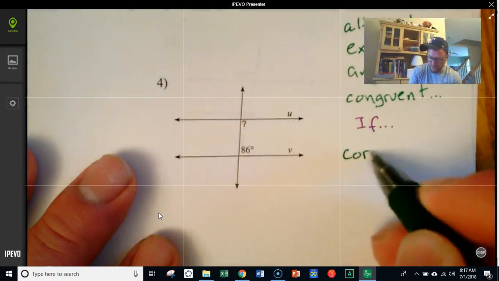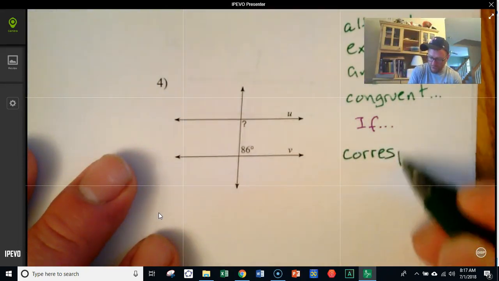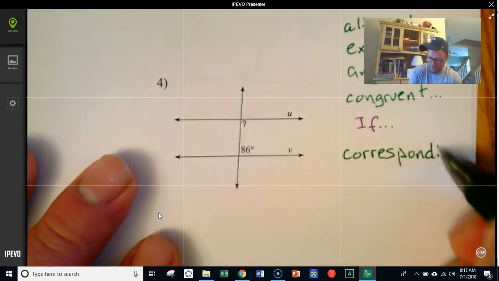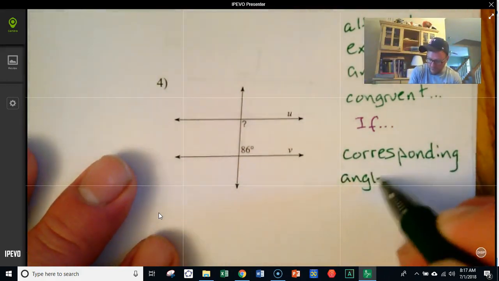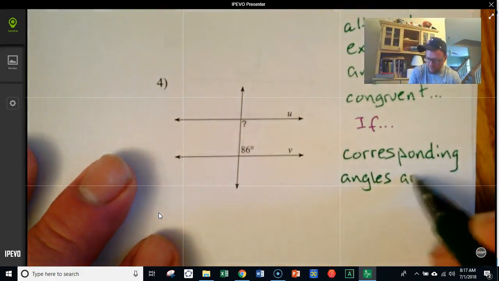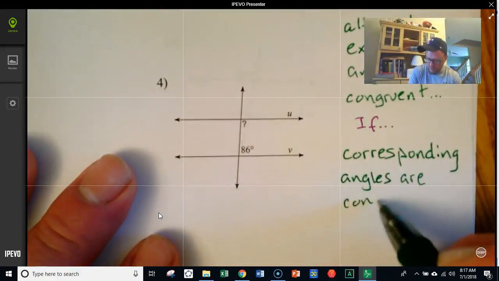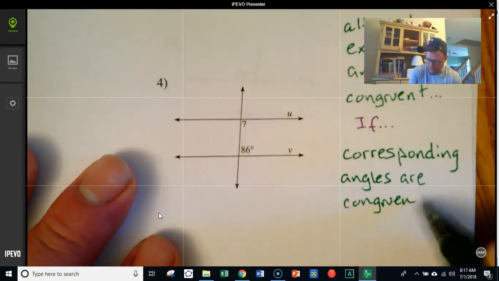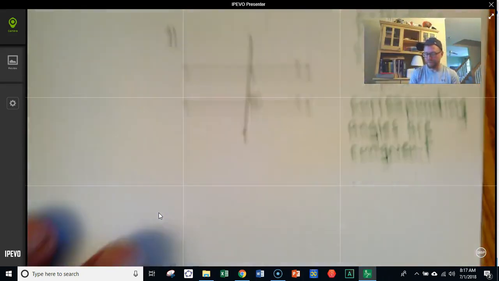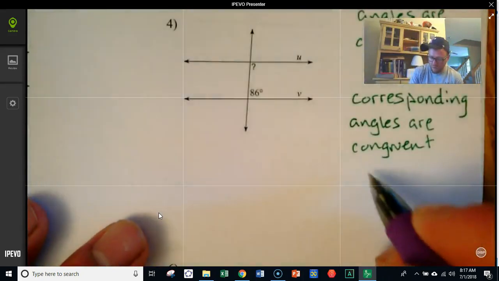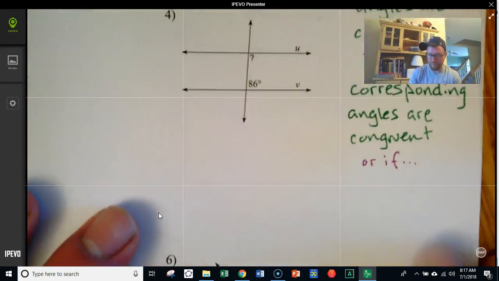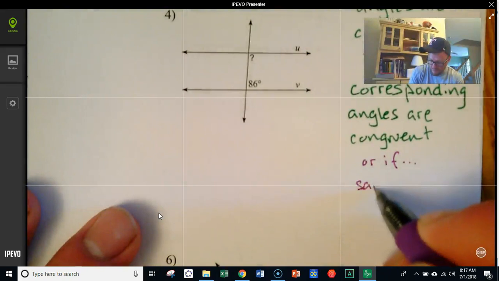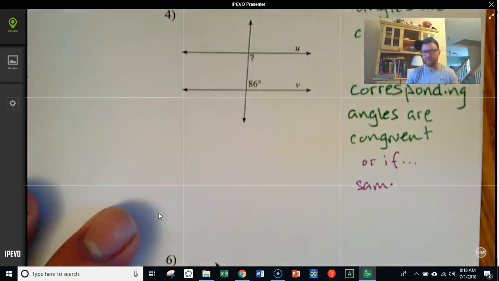If corresponding angles are congruent, or if, I'll do some green, right?